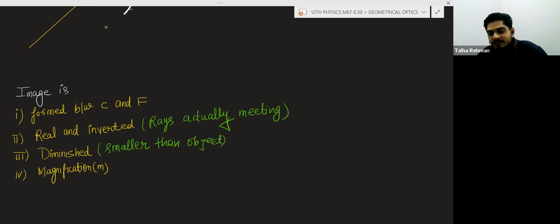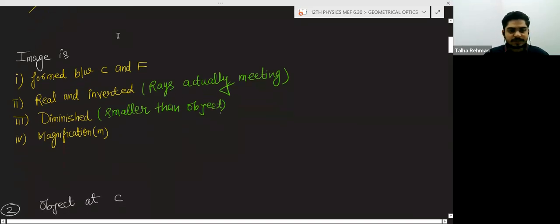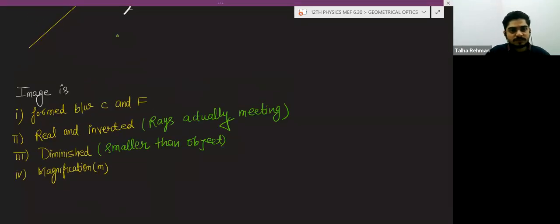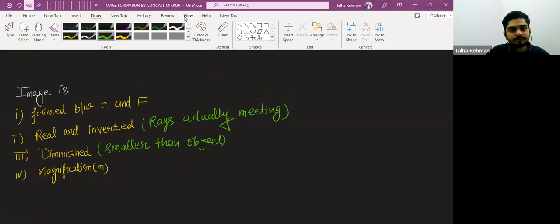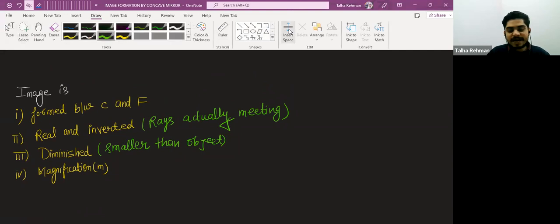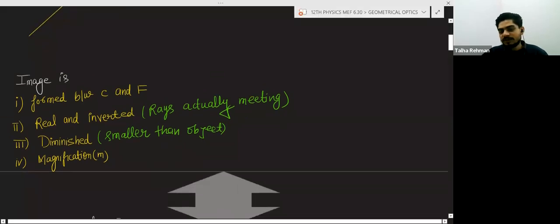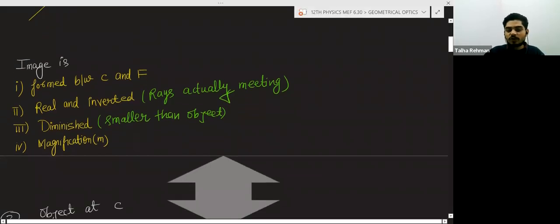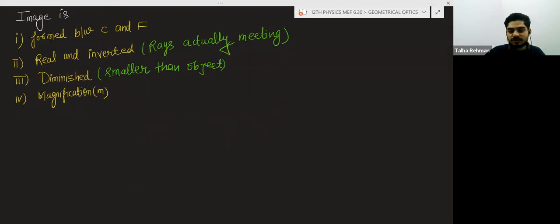Now this magnification we will have as a separate topic, but here I am just telling you the basics. Magnification means how much the image is larger than the object, or how much the image is smaller than the object. Basically the magnification is equal to the height of the image divided by height of the object.